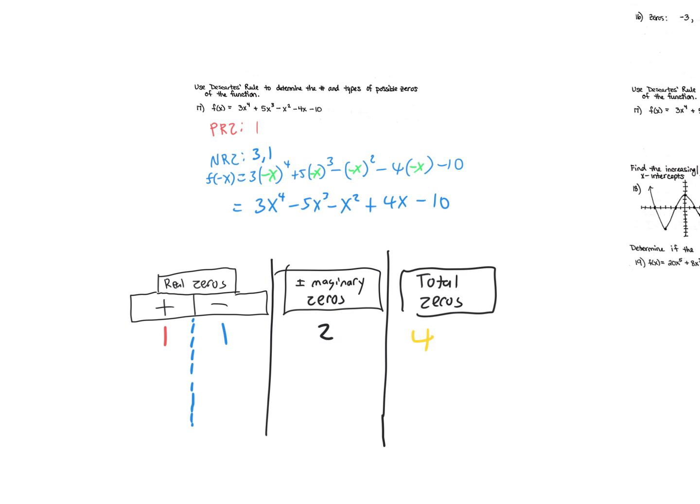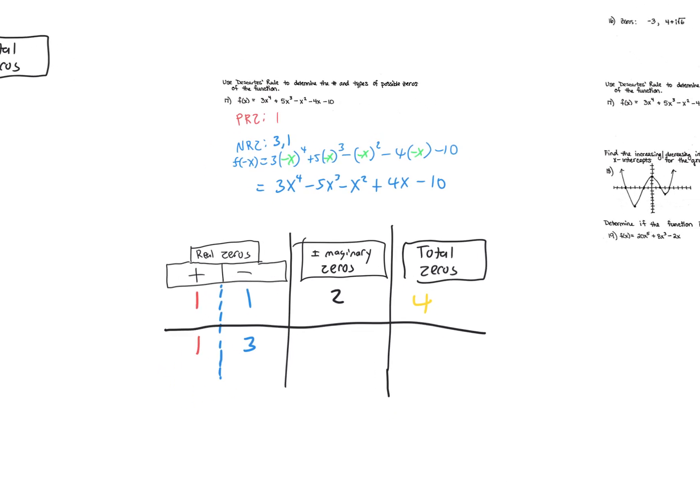So now let's imagine another possibility. What if we had three negative real zeros? Well, you might be tempted to say that could be coupled with one positive real zero. Well, that's certainly a possibility, right? So that second row that we just created, that's also something that would produce a total of four zeros.